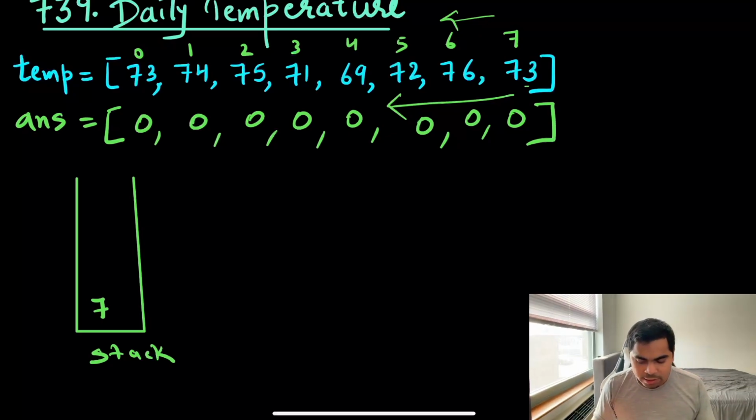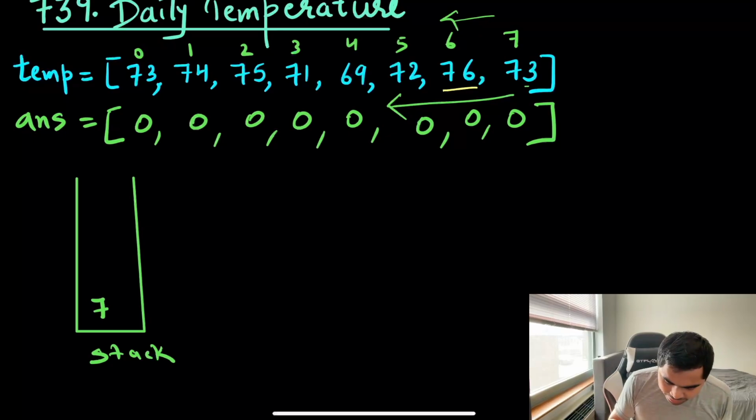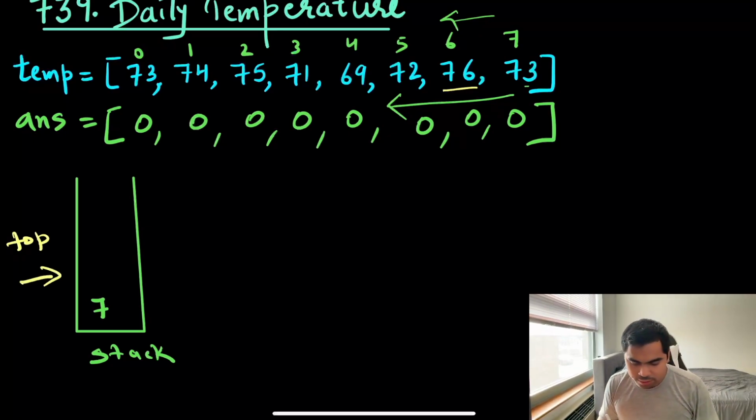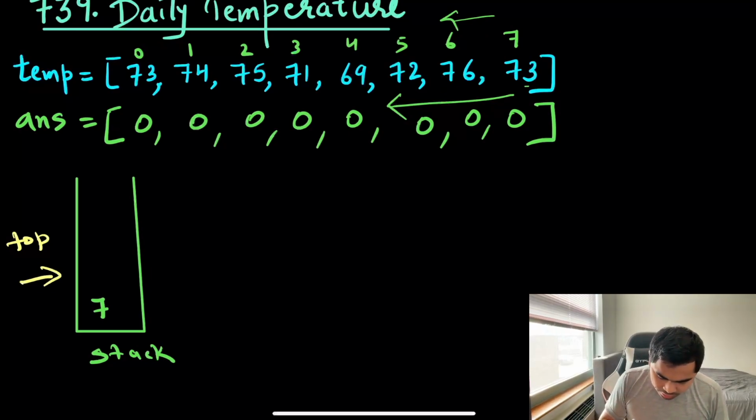Then I'll calculate the next warmer day for 76, so I'll be able to check what the top of my stack was. And initially you can see for 76 the top of my stack is index 7, which is 73.